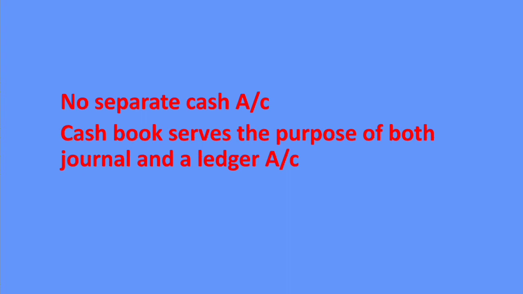For that, we will apply the rules. By applying rules, we will journalize the transactions and post those journal entries into the cash account. But if we are preparing a cash book, we are not applying any rules. We are recording the receipts on one side and the payments on the other side.